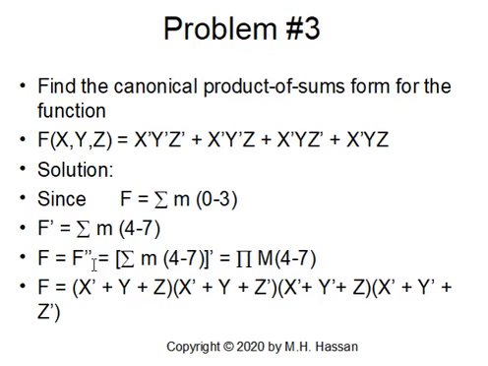F, which is f double prime, is the complement of the sum of minterms 4 to 7. And by using De Morgan, this is the product of maxterms 4 to 7. Or simply, f will be equal to (x'+y+z)(x'+y+z')(x'+y'+z)(x'+y'+z').